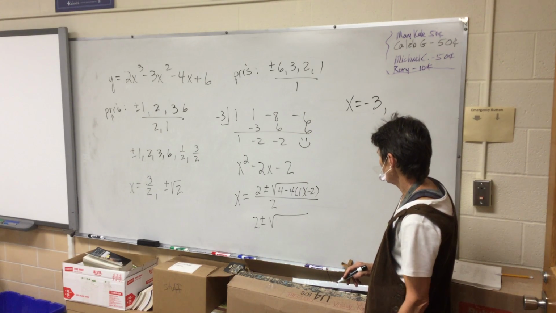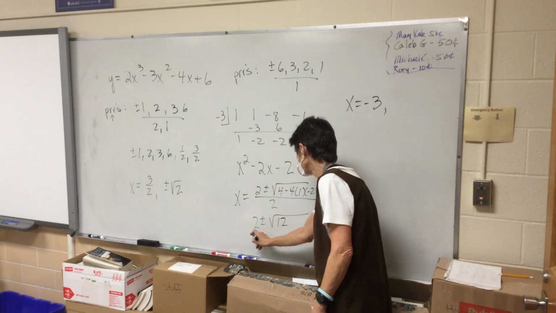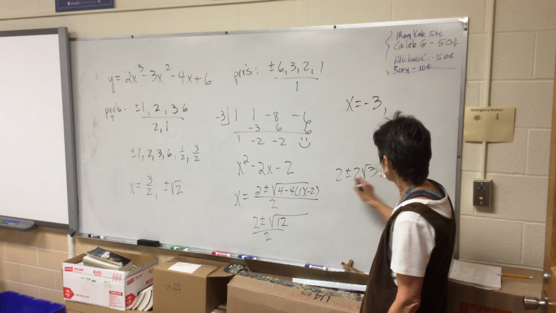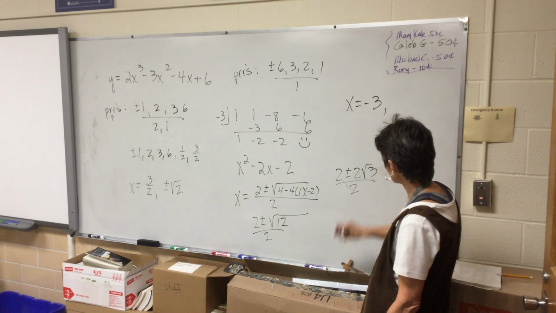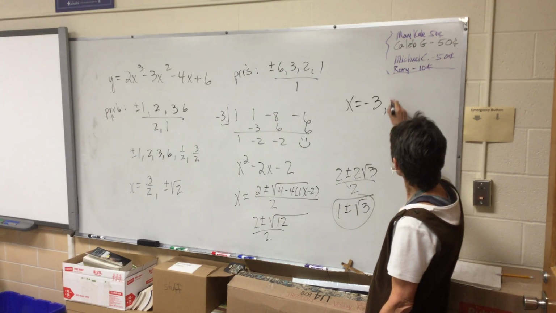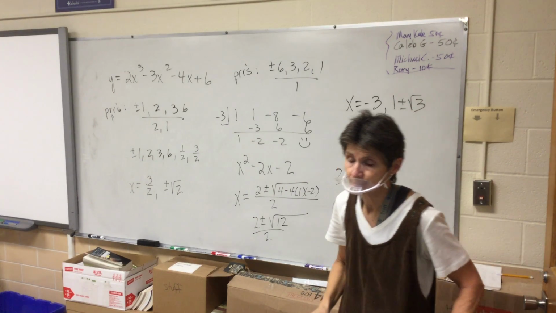What's under there? 4 plus 8, 12. And this is one of those that's got the triangle of cancellation. So your other 2 roots are 1 plus or minus √3.